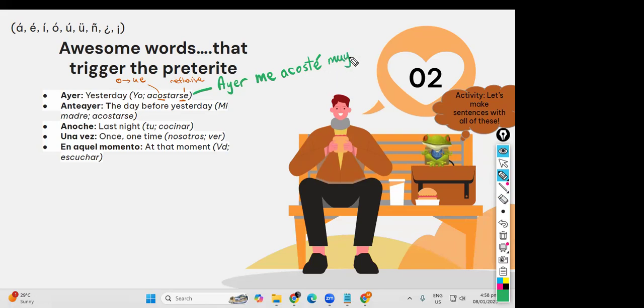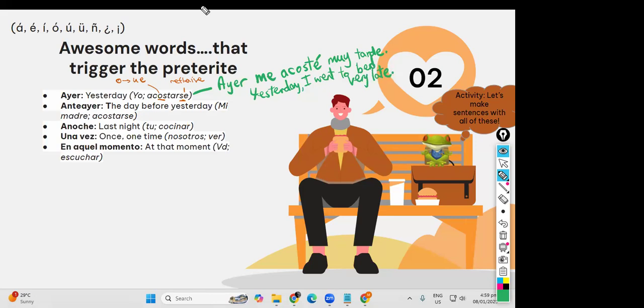Muy tarde. Right? I went to bed very late. Yesterday, I went to bed very late. Right? So we're trying to make a sentence with each of these words.